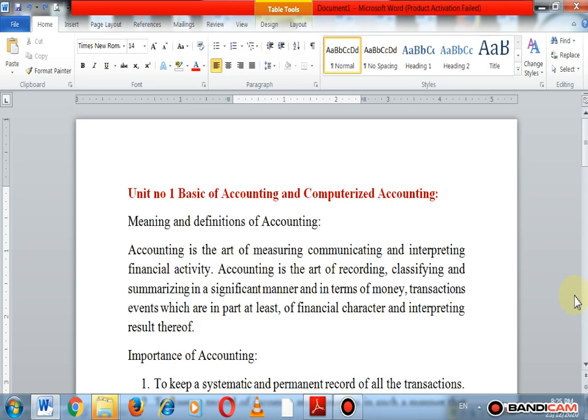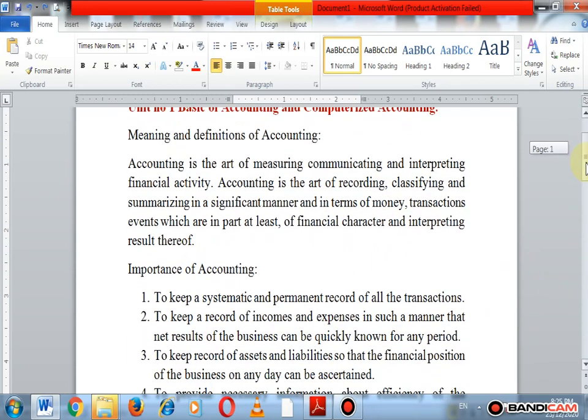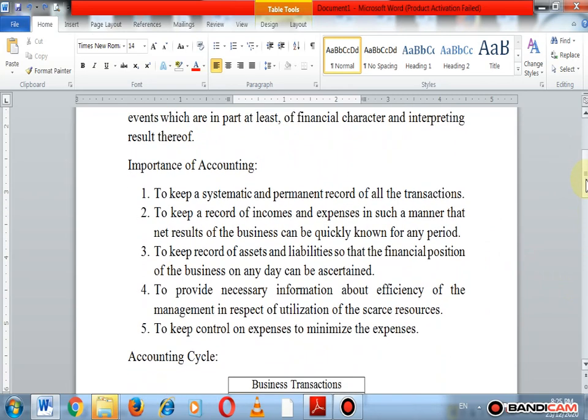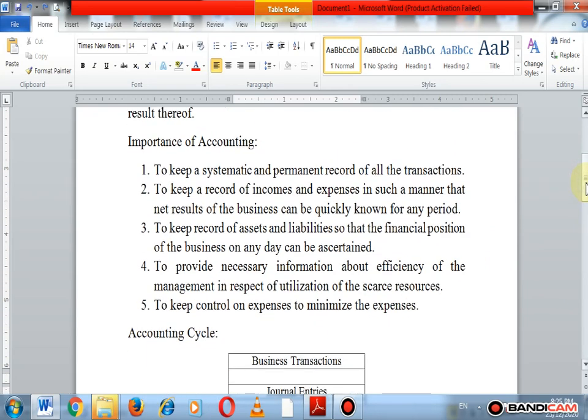It is useful for the outsiders to know the financial position of the business organization. Okay, that is known as interpretation.